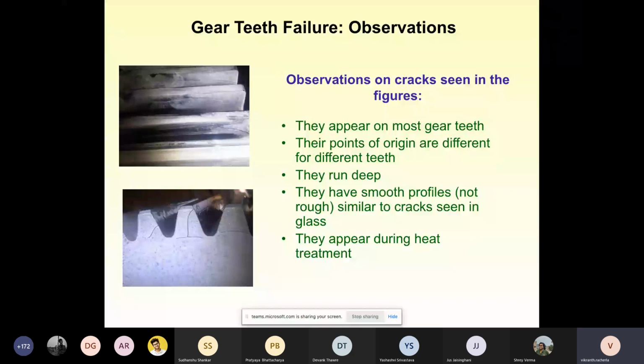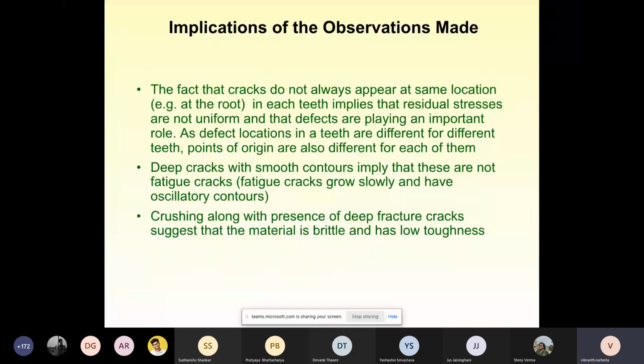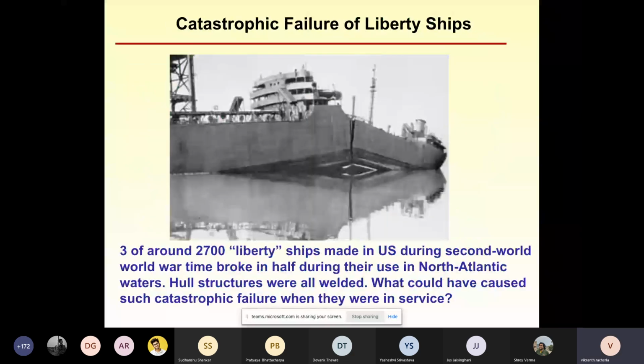Okay, and initially I had said that they use oil quenching rather than water quenching. Why do you think that is the case? Why do you think people would go with oil quenching? Maybe oil has a higher point of vaporization. Okay.